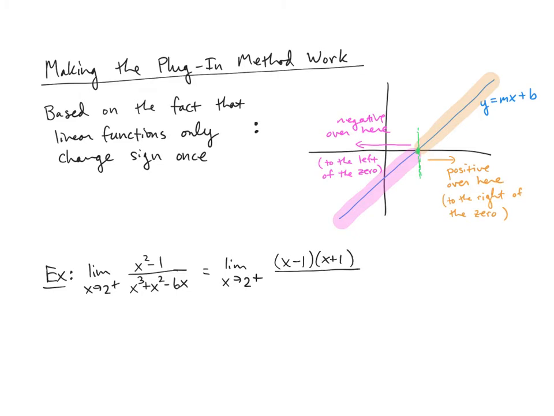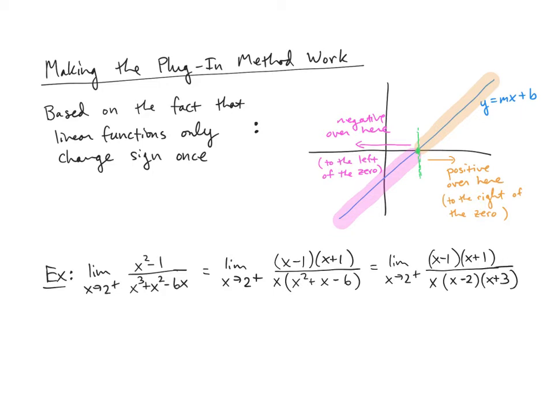While in the denominator we have a cubic polynomial, but we notice we have a factor of x in each term. So that means we can pull that x out, and then we get a simple quadratic there, which we can also factor. And that factors as x minus 2 times x plus 3.